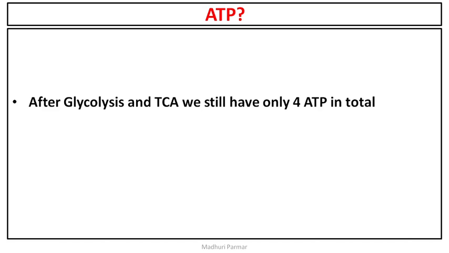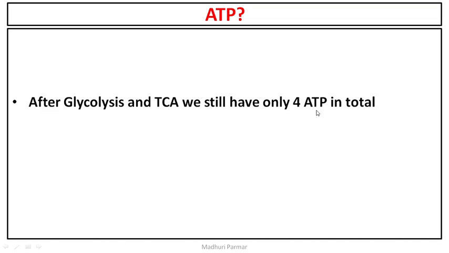We saw that net product from glycolysis was 2 ATP. During the whole Krebs cycle, you got only 1 ATP per pyruvate. So after glycolysis and TCA, we still have only 4 ATP in total: 2 ATP from glycolysis and 2 ATP from the 2 pyruvate molecules undergoing the Krebs cycle.